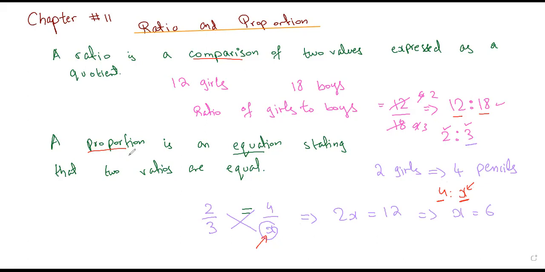I make a proportion by equating two ratios. I am interested in finding out x. Obviously, I need to make x the subject. And by cross multiplying, by multiplying x with 2 and 3 with 4, I will get this, and x equals 6. So I got that x is 6, that boys will have 6 pencils. So did you understand this? Anything that you did not understand so far? No, it's clear. Okay. All right.